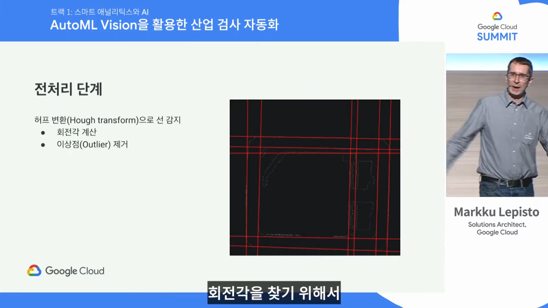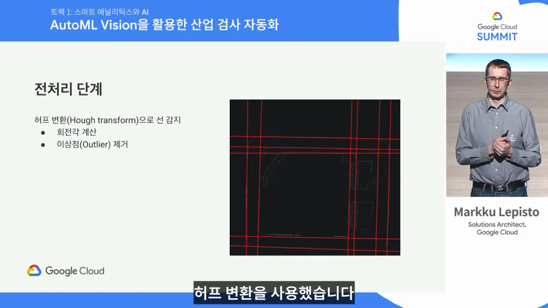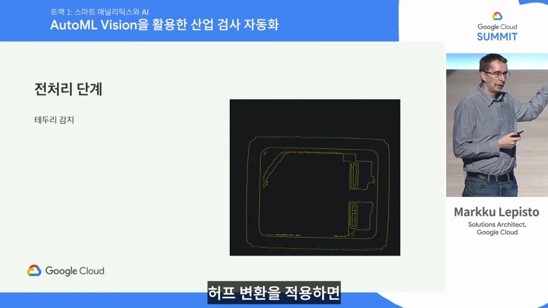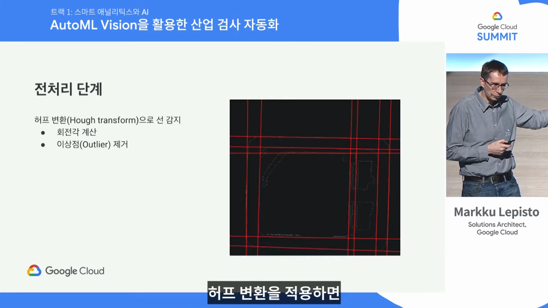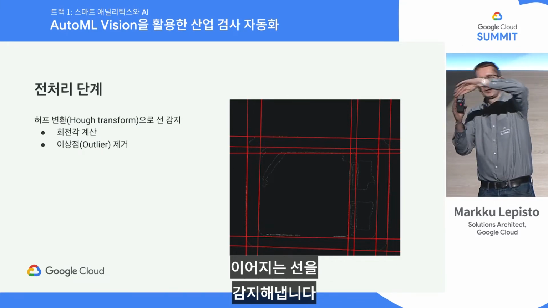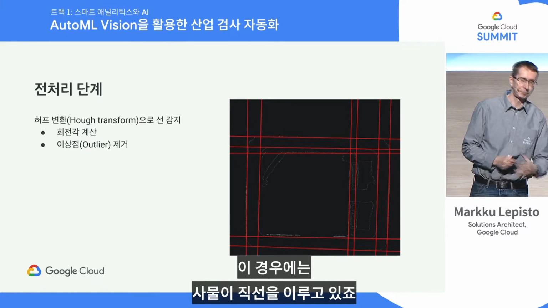To detect the angle of tilt, I used something called Hough Transformation. So basically, with this image with the edges, I apply the Hough Transformation, and it's able to detect lines, continuous lines. In this case, the object has some straight lines.